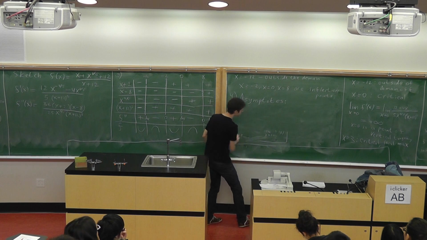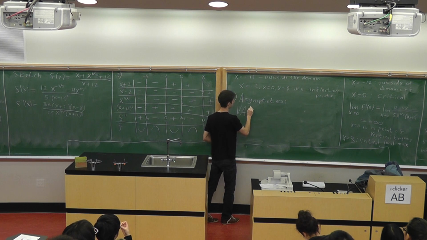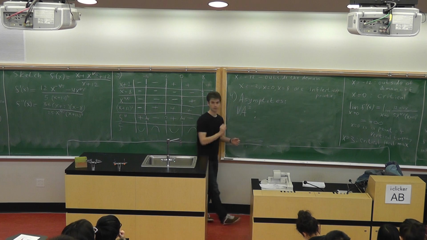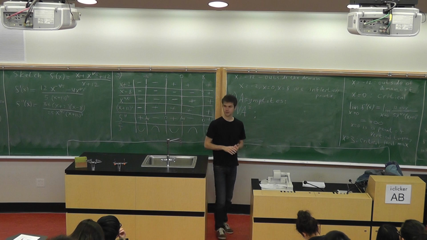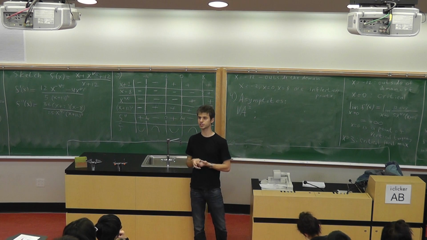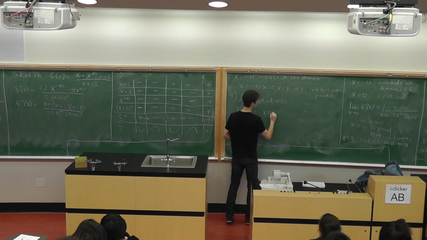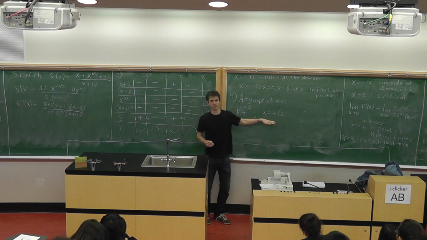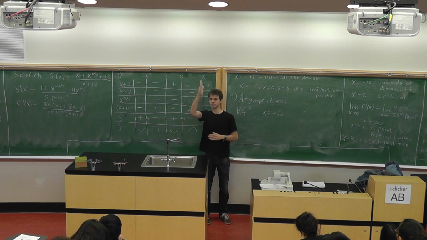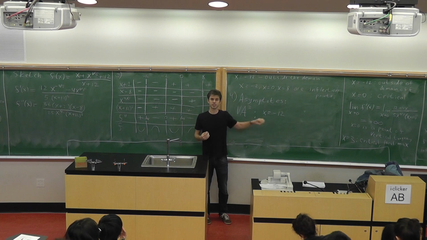So let's now discuss vertical asymptotes in g. At what point might my function have a vertical asymptote? x equal to negative 12. Now this is not about the point, it's about the line. x equal to minus 12 might be the vertical asymptote, but it's not sure.